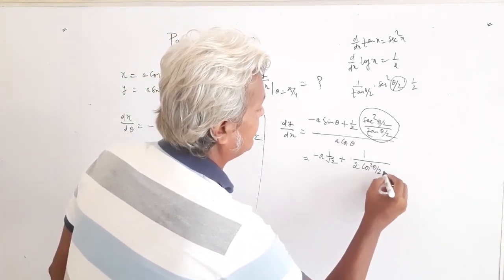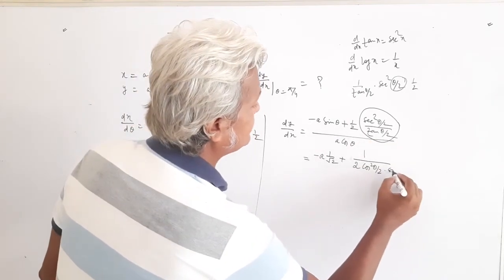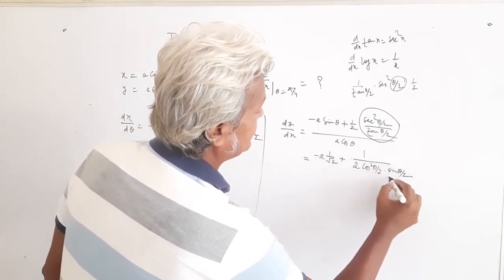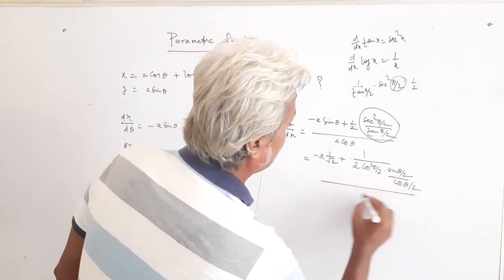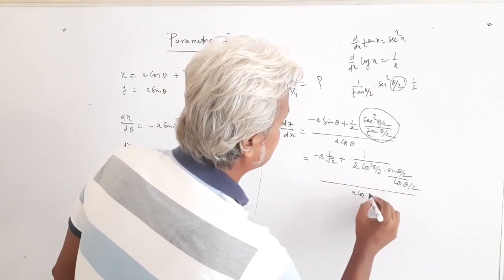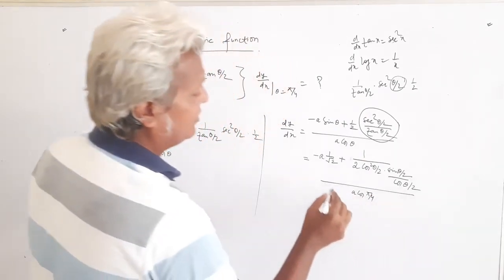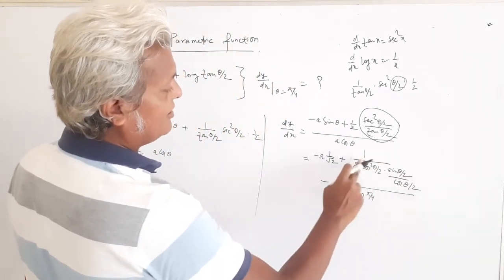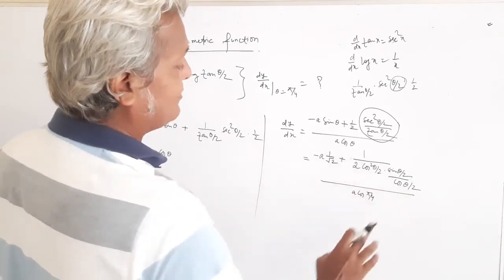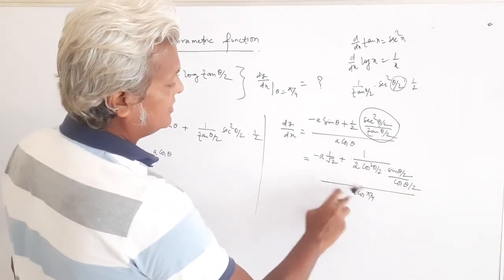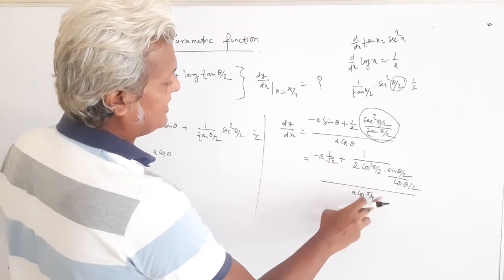And tan θ/2 is sin θ/2 upon cos θ/2, whole upon a cos π/4. I am not putting the value π/4 there to make it π/8. First I want to simplify, then I'll put the value.